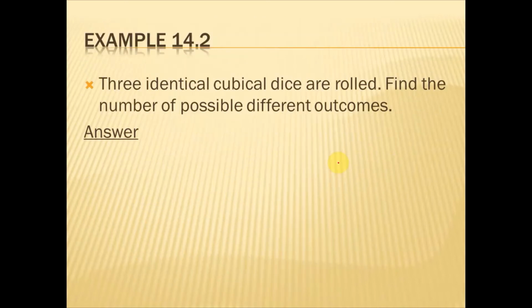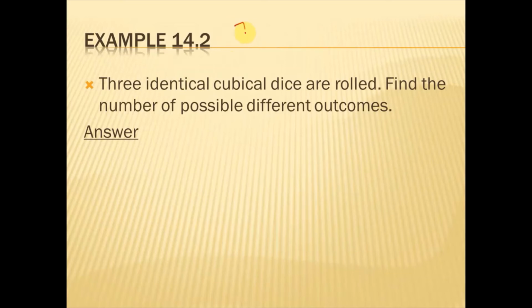3 identical cubical dice are rolled. Find the number of possible different outcomes. So now there are 3 dice, and they are all thrown at the same time, not one by one. The outcomes could be all showing the same number, 1, 1, 1, or 2, 2, 2, or 3, 3, 3.